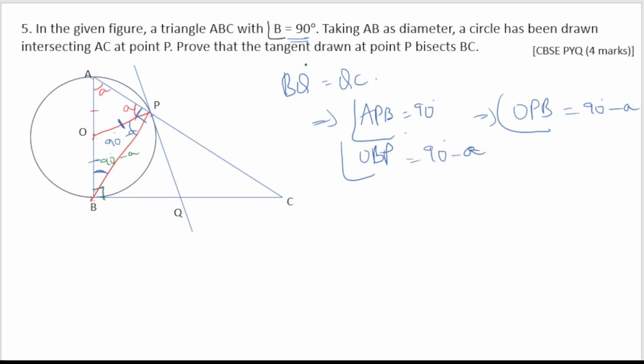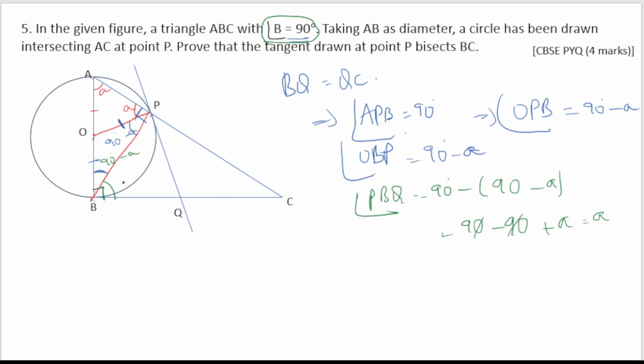Radius is perpendicular to tangent and again angle B is 90 degrees. It is given in the question. So angle PBQ will be what? It is 90 degrees. Angle OBP is 90 minus A. You'll get here 90 minus 90 plus A. You'll get here A. This will be A.